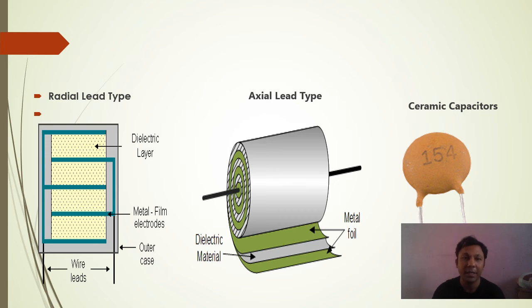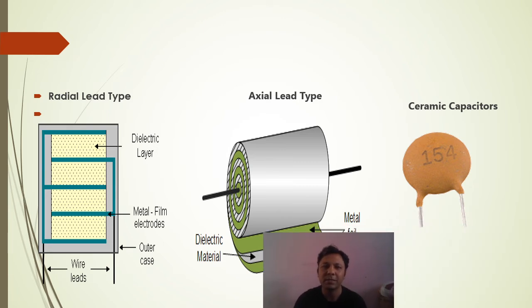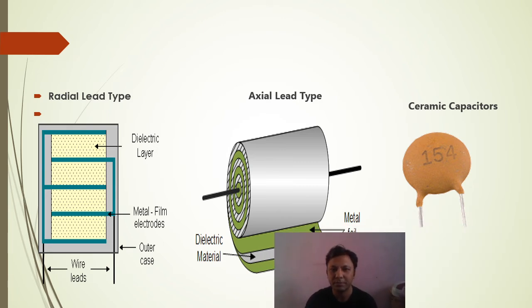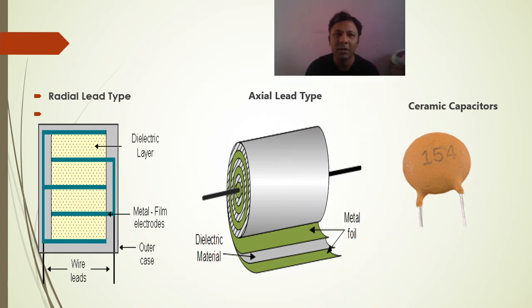This is the axial lead type, where the lead is taken from the axial side, and this is your ceramic type capacitor. This capacitor you can normally see in our mobile charger or any rectifying circuit. You can also see this on our electronic boards.